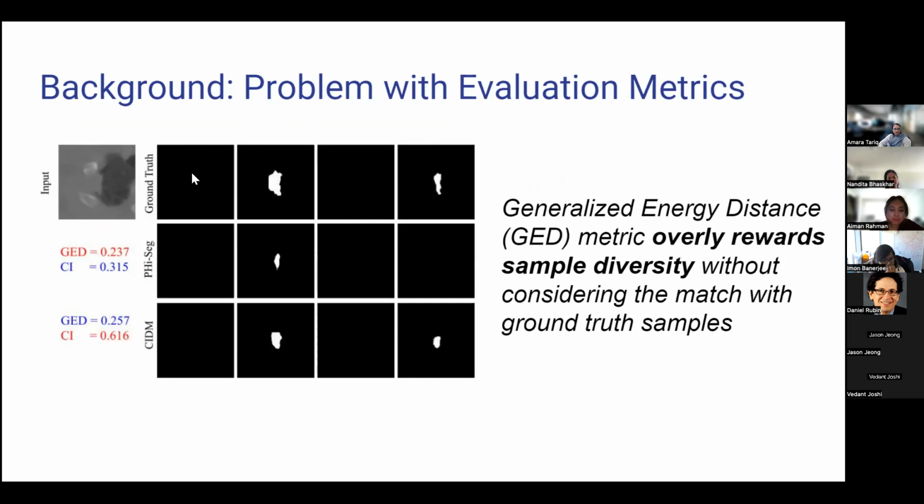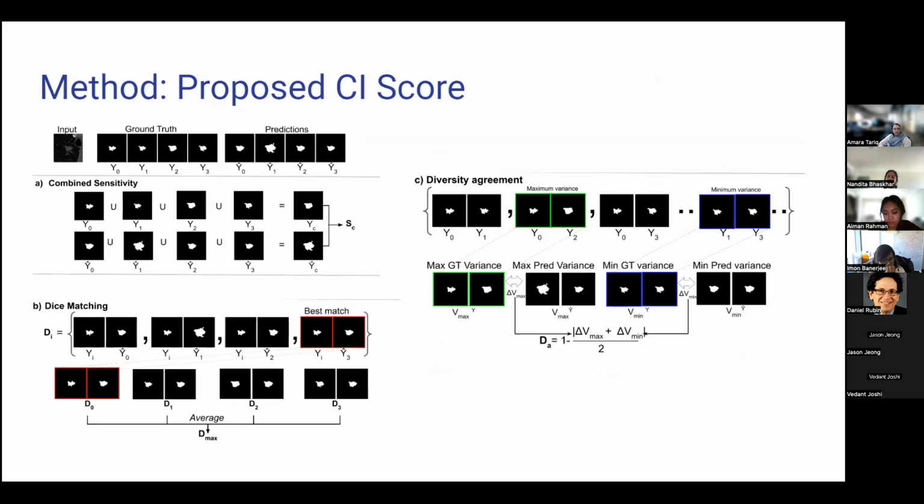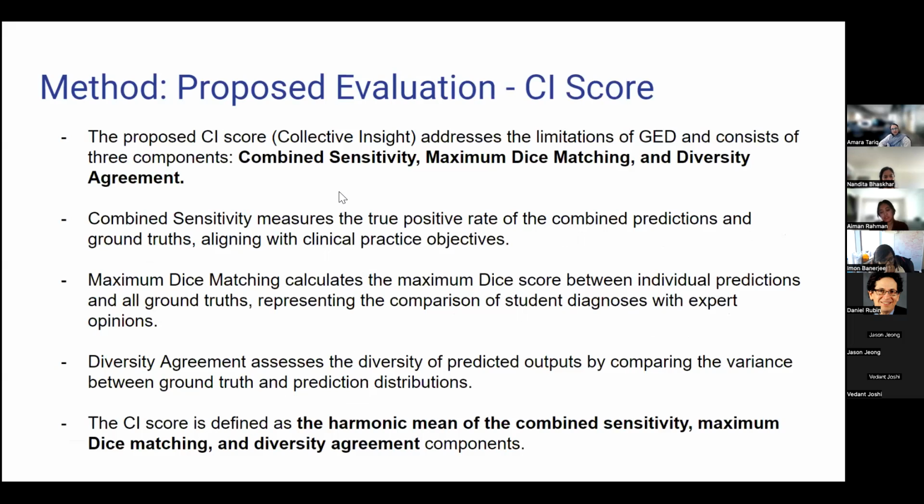The minimum diversity is between these two, which both agree that there is no lesion here, and the maximum could be these two. We calculate these numbers between pairs, get the maximum and the minimum, and we get that diversity agreement. Ultimately, the final score is just a harmonic mean of all of these numbers.